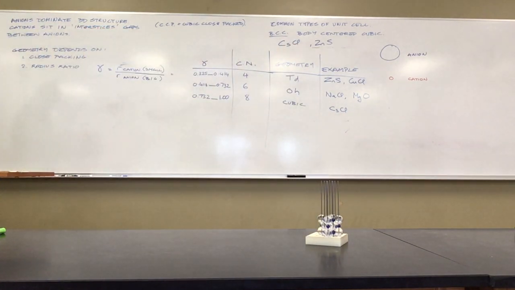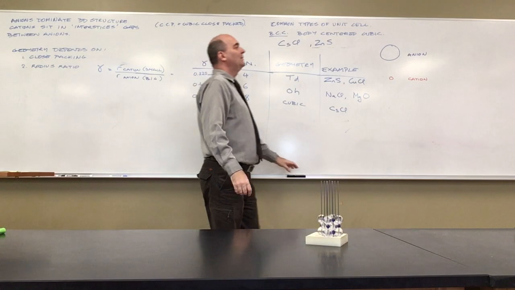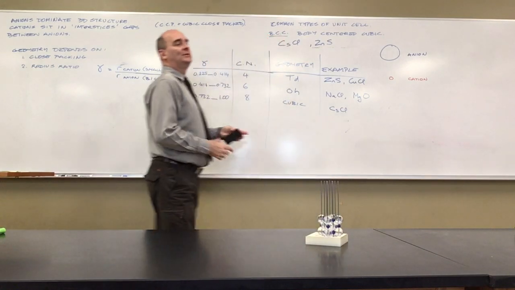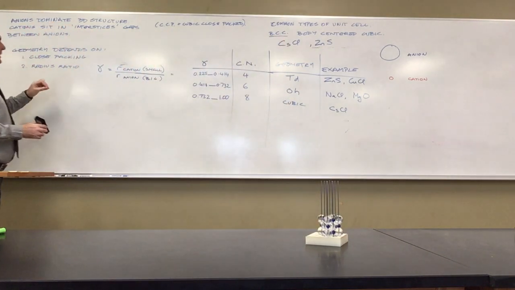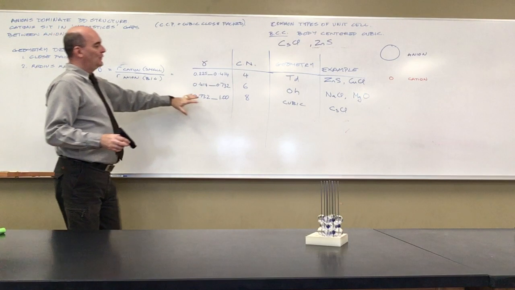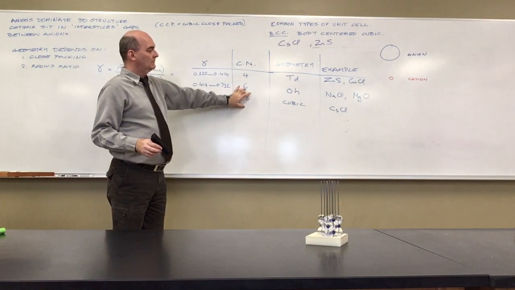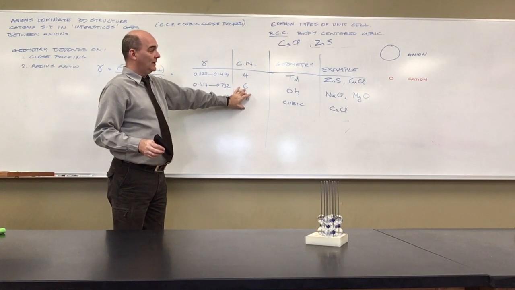Okay, so the cations play a small role. The geometry is definitely dominated by the anions because they're enormous. But a larger cation is going to force more space for itself.